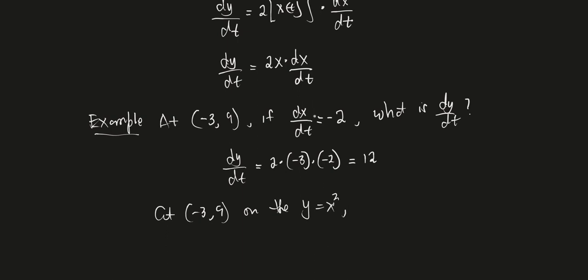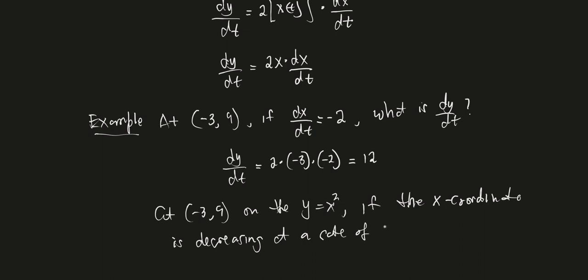if the x coordinate is decreasing, and we know it's decreasing because it's a negative rate of change, at a rate of 2 units of x per unit of time, so unit of t.